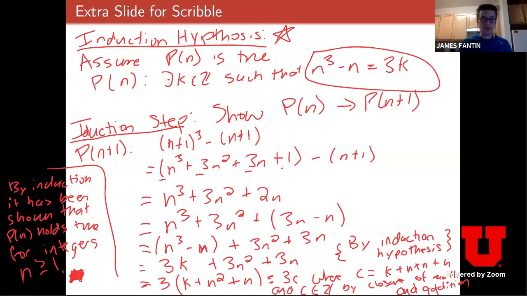We have to prove that it's divisible by 3, so we have to show somehow that we can take (n plus 1) cubed minus (n plus 1) and rewrite it as some 3 times k, just because that's what the problem statement was asking for. Great questions.